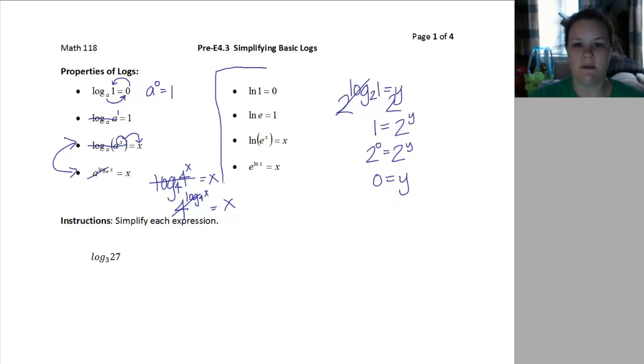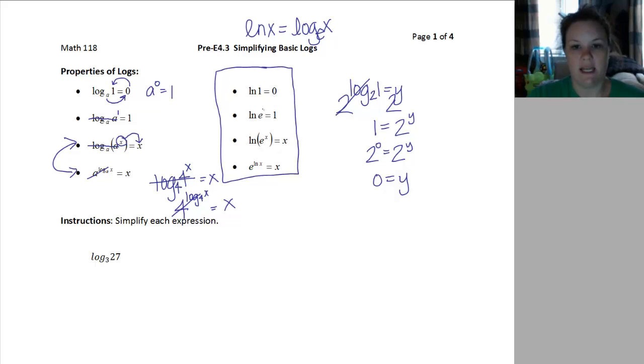This other little piece right here is all the same rules, but written with the natural log. Remember that ln of x is the same thing as log base e of x. Okay, so if you see an ln, it's still a log, but it's an implied e for the base. So here, same thing, ln of 1 equals 0 because e to the 0 power equals 1.